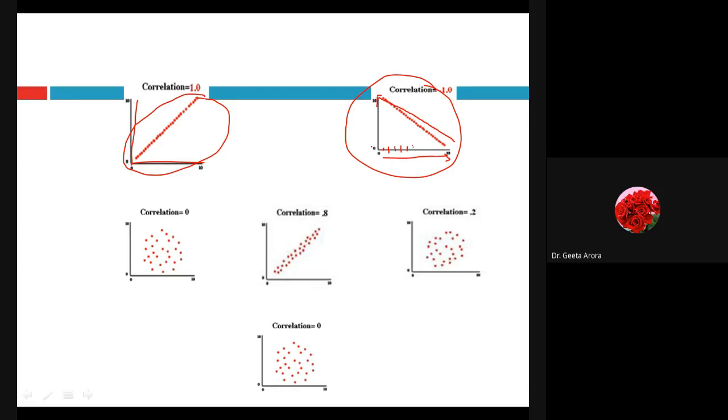It means it is showing the negative impact. So again, they are related, but they are negatively correlated. Here in positive we are getting a straight line in an increasing direction, and in negative we are getting a straight line in a decreasing direction, correct?